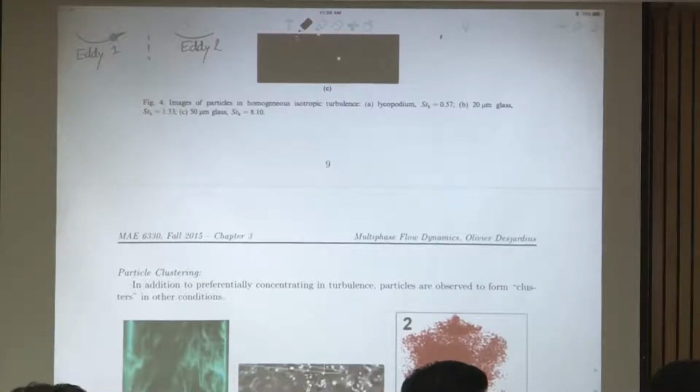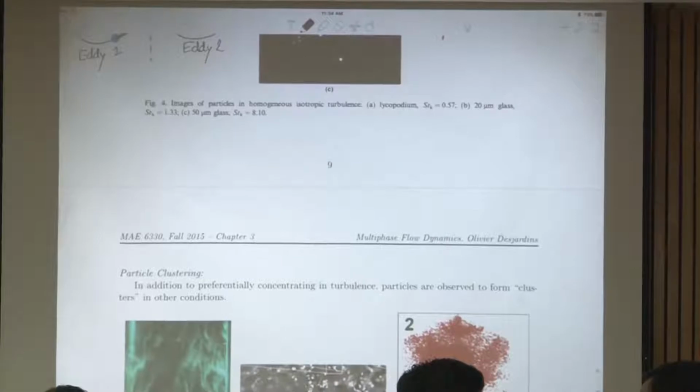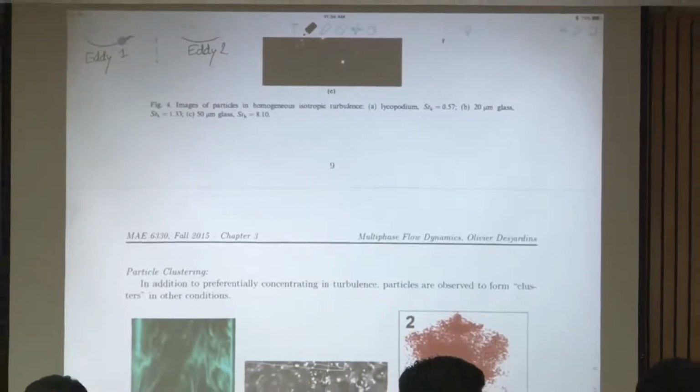There's a recent paper coming out of Lance Collins' group at Cornell, and it's independent of, but basically I'm aware of this very nice study. It's a JFM paper that essentially proves that. It essentially goes through the same analysis of preferential concentration, but instead of just assuming that everything can be done at the smaller scale, it looks at whether we can argue that this should happen on a resonance time scale that is on par with the particle time scale.